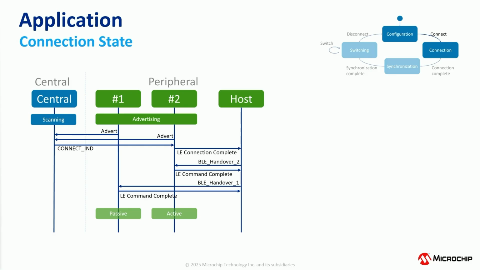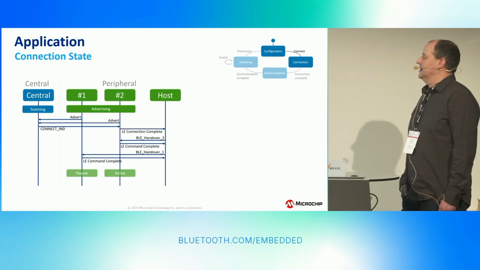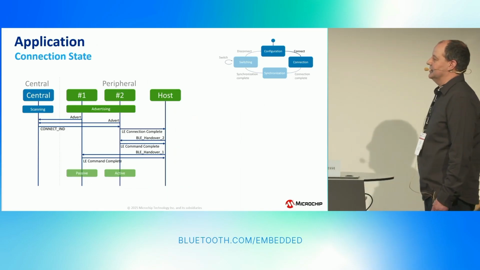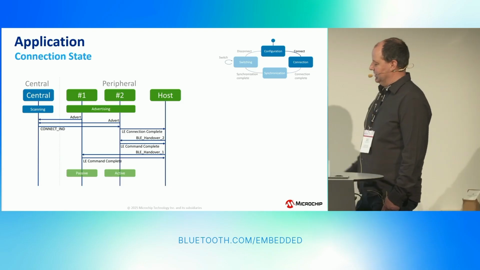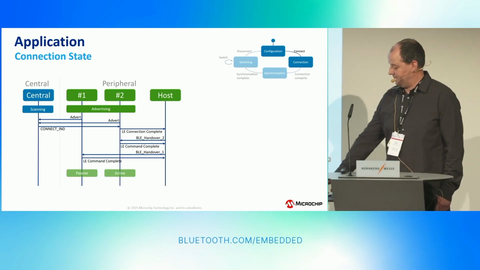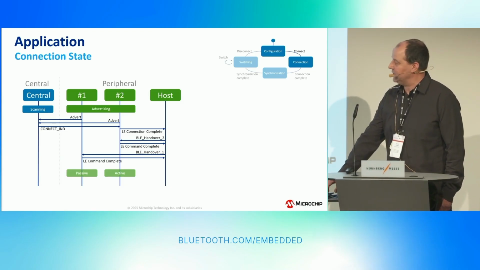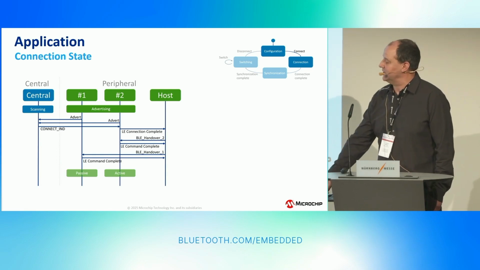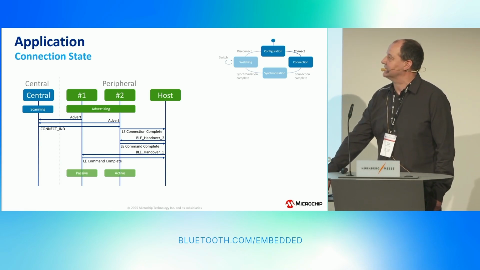Then we use the handover command, which reads out the connection configuration, and handover 1 distributes the connection to peripheral 1. So peripheral 2 is actively connected and peripheral 1 is passively connected.